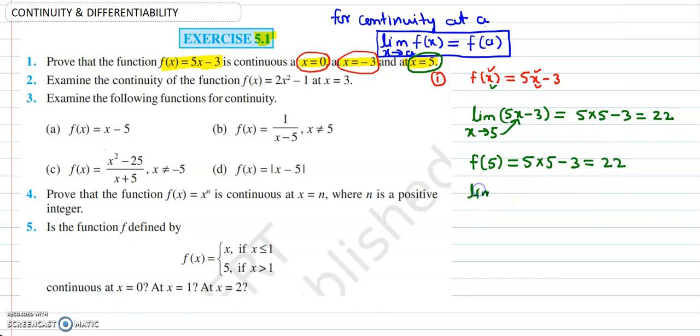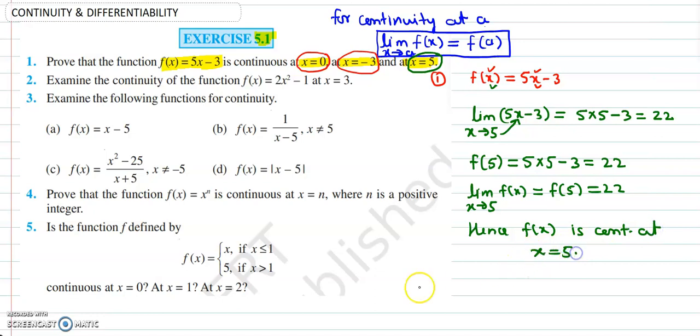So limit at x approaching 5 of the function and function's value at 5 both are equal, that is 22. Hence f of x is continuous at x equals to 5.